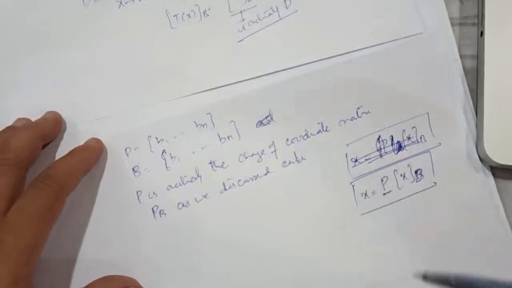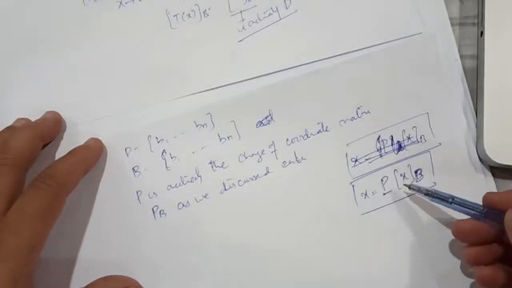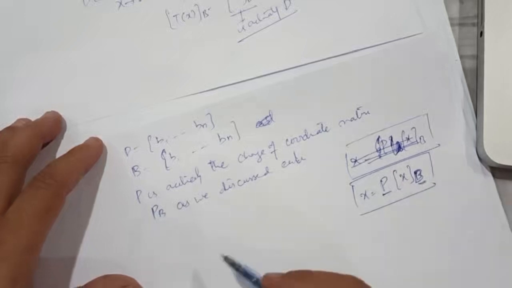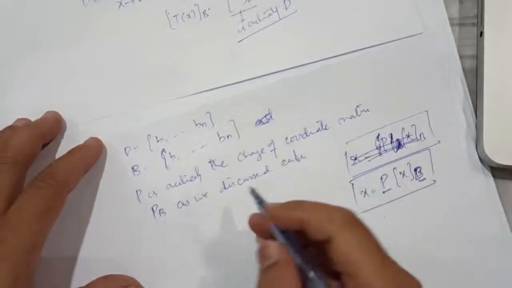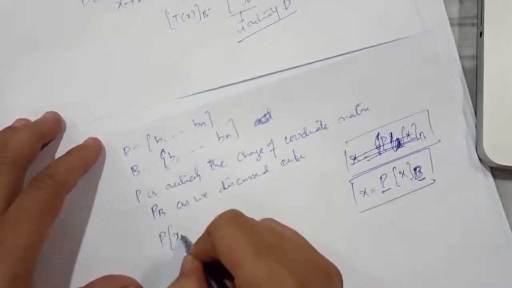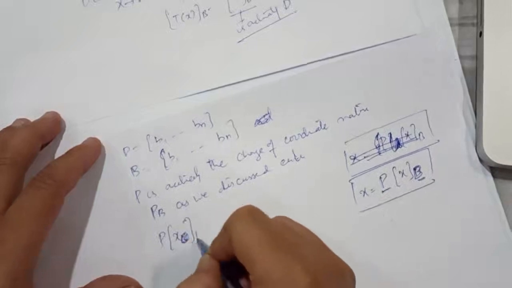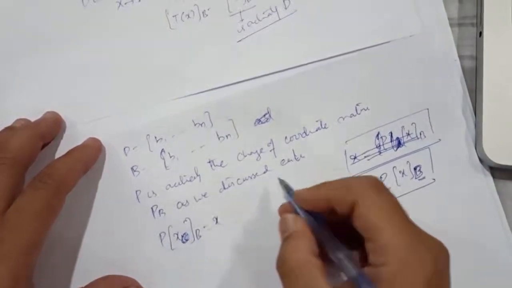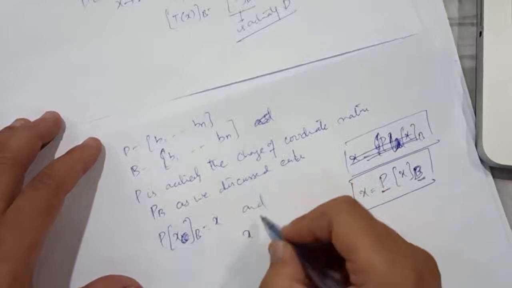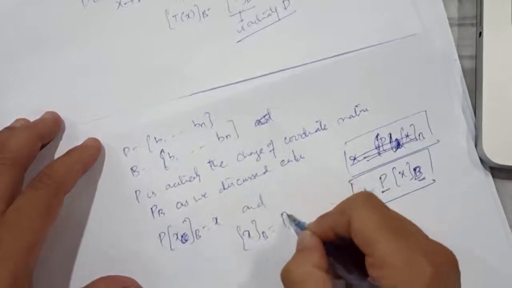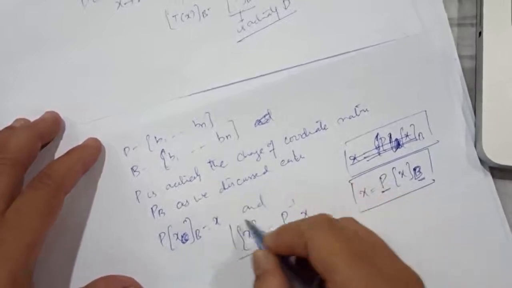P must be the matrix containing the basis vectors of B. Now P times x_B is equal to x, and we know from our discussion that x_B is equal to P inverse of x.